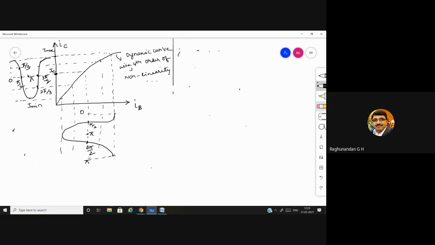Okay. So serial number, omega t, IB, IC. So the first point, omega t is equal to 0. At this point, what is IB? IB will also be, I forgot to write, it is IB max. This is IB min.